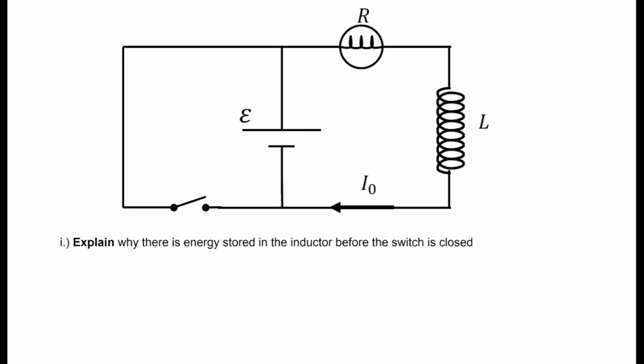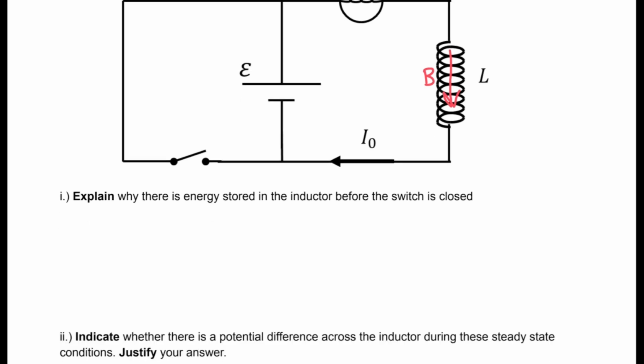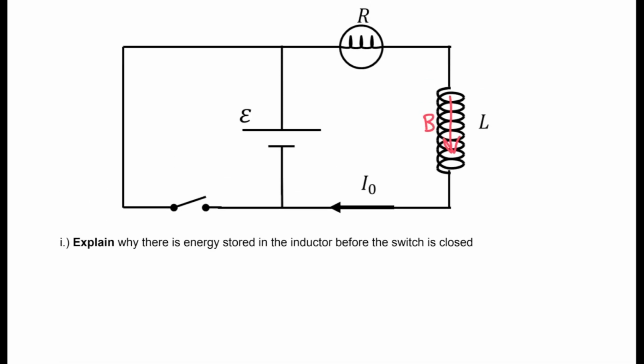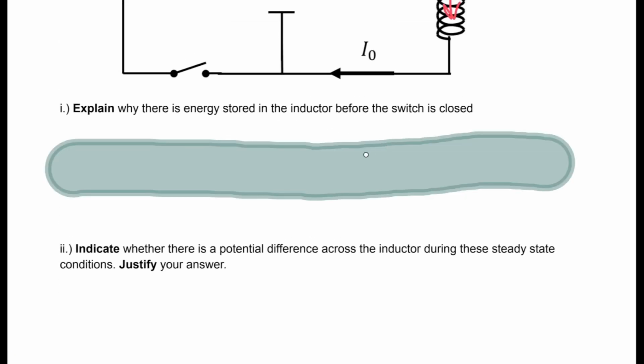So thus it's storing energy. Just like when there's an electric field between capacitor plates, there's energy being stored. If there's a magnetic field, which is generated by current, then there must be energy in the inductor right now.